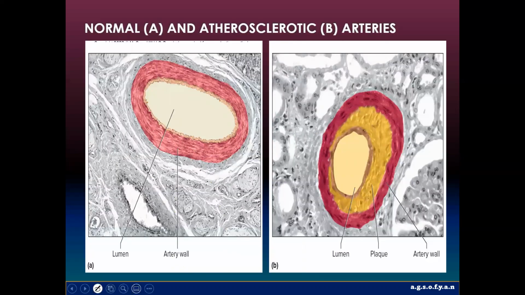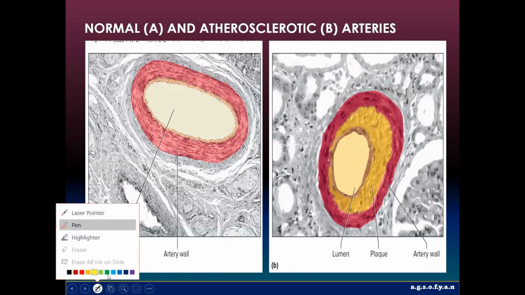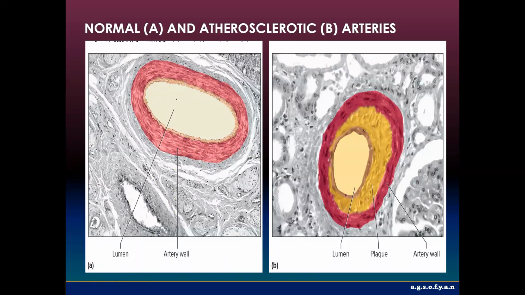This is showing us the normal blood vessel. If you see, the lumen of the blood vessel is nice. There is nothing blocking these blood vessels. This is the smooth muscle over here. And if you see, this is fat or lipid, mostly cholesterol.